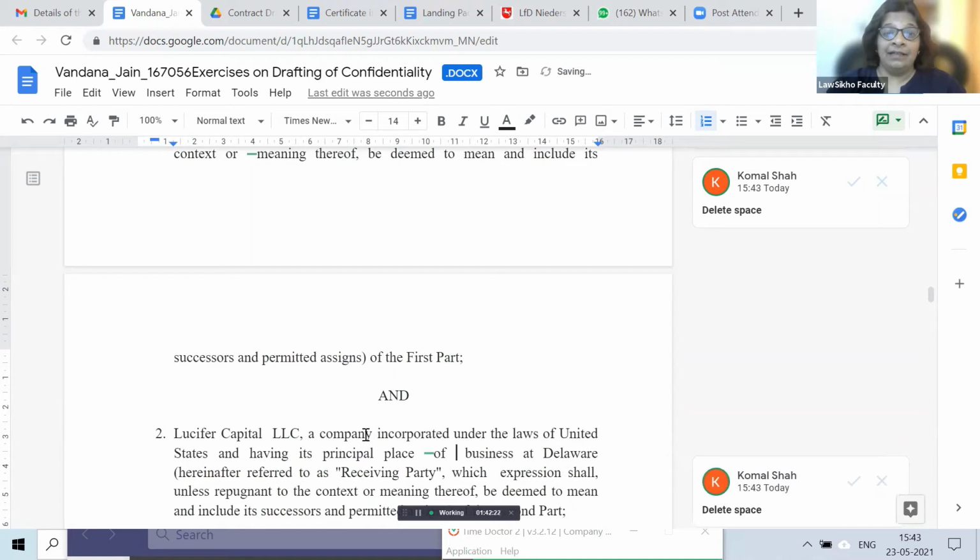See, in India, there are central acts for creating companies, while in the US, incorporations are state-based. So you will always say incorporated under the laws of, and having its principal place of business at Delaware, because there is no uniform single law for incorporation of companies.